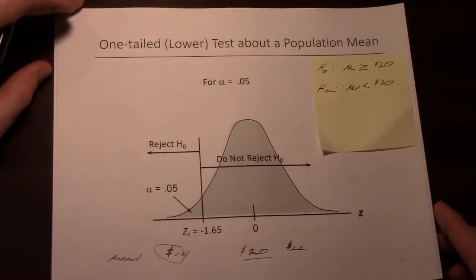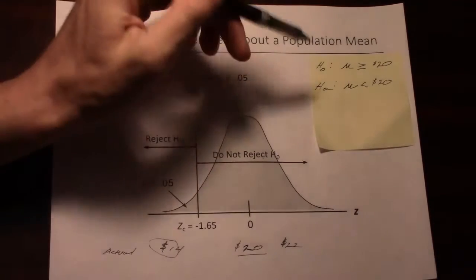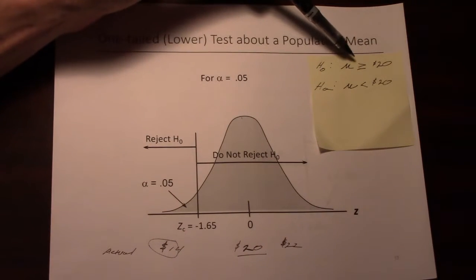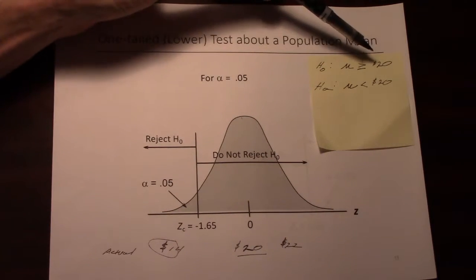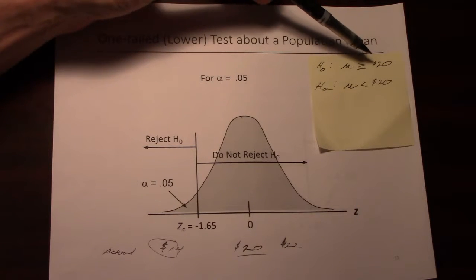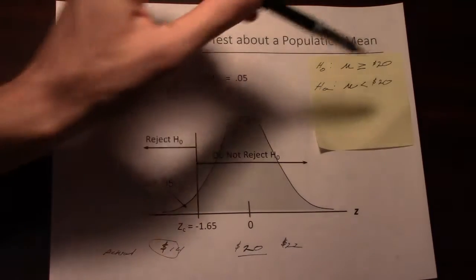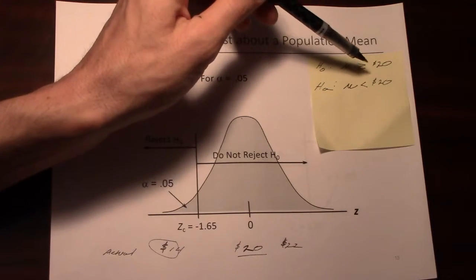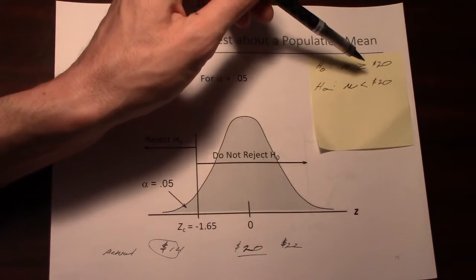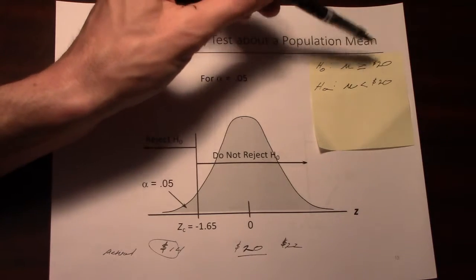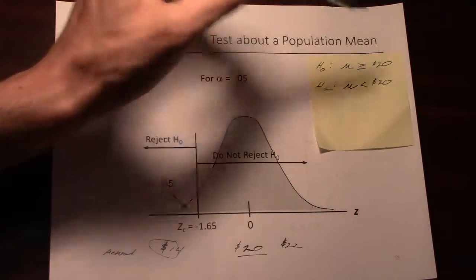So suppose we have a null hypothesis that the mean is less than $20. Like the average amount customers spend at the concession stand is less than $20. Oh wait, greater than. Now I'm trying to prove, I want more funding for my concessions. I'm like, the customers spend more than $20.